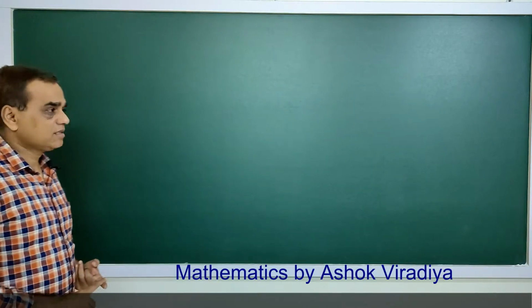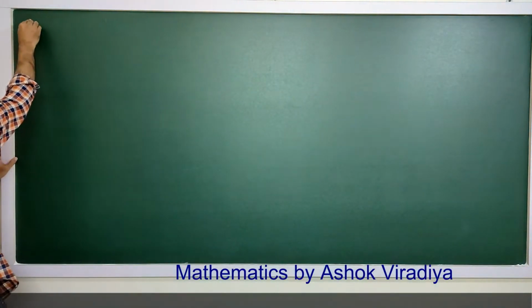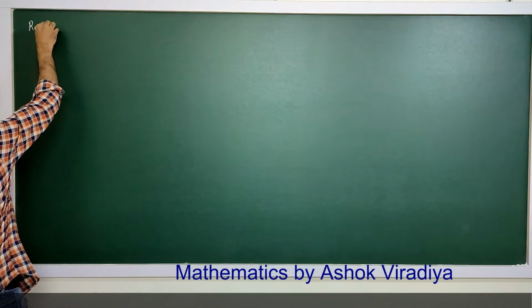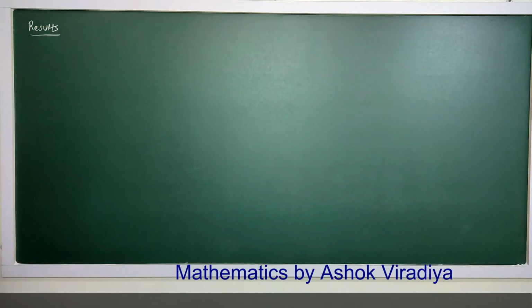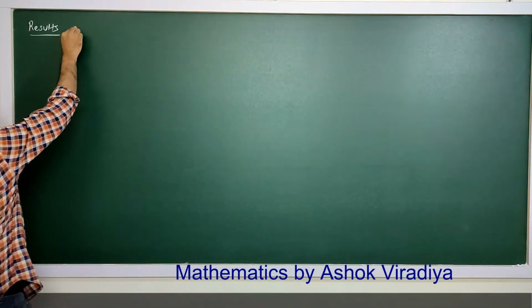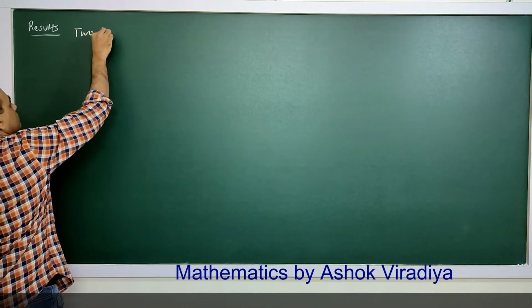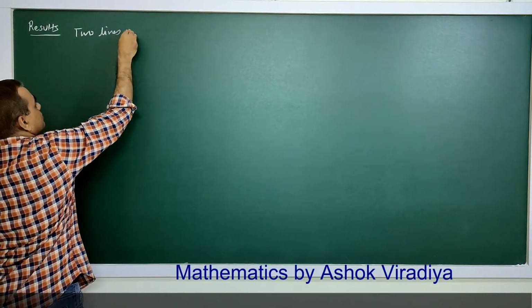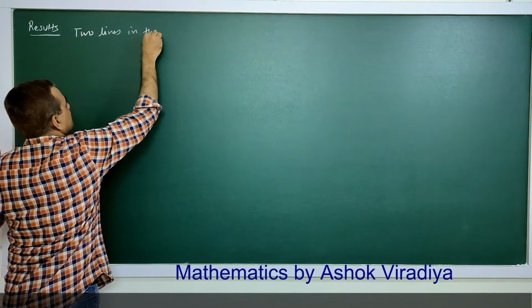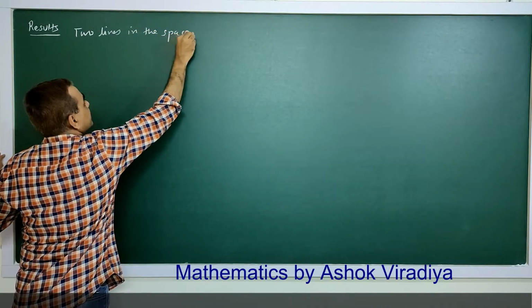Now result: two lines in the space, everything we are taking in space.